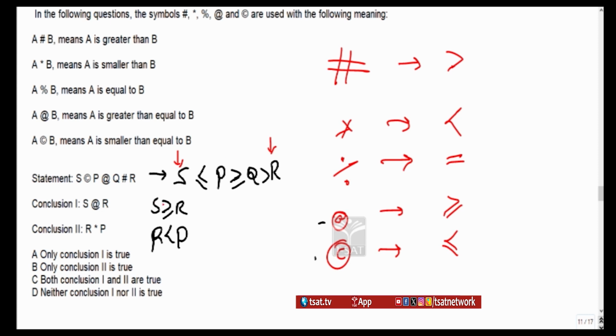The greater than should always point towards S. But see here, it is less than, but the conclusion says greater than. So obviously this conclusion becomes wrong.